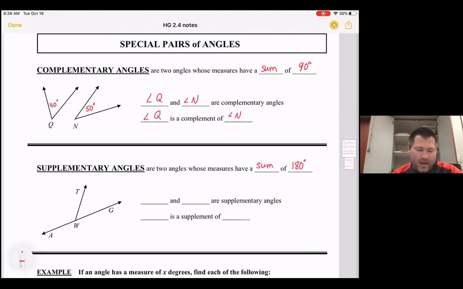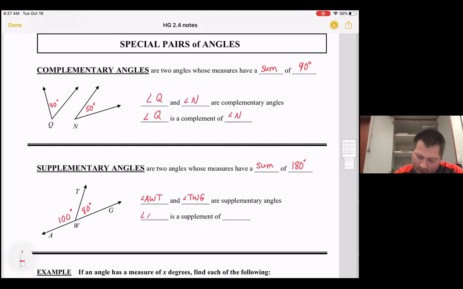Okay, so if you look at the angles on the left, if this angle is 100 and this angle is 80 degrees, we would say angle AWT and angle TWG are supplementary angles.